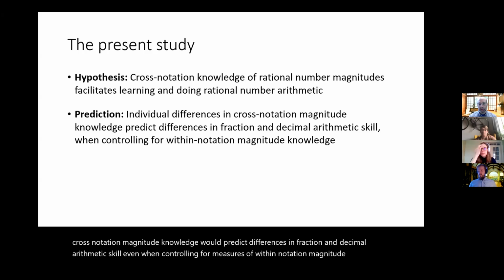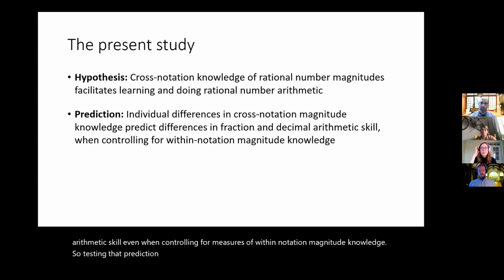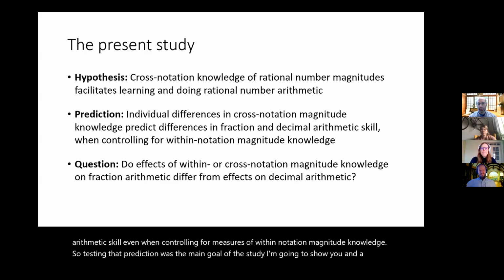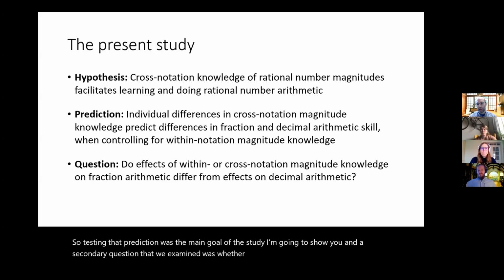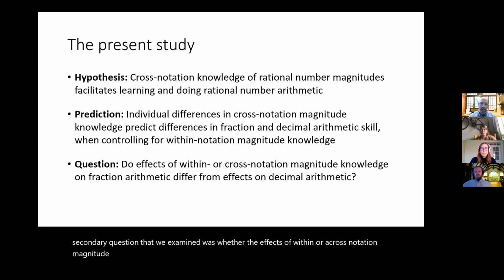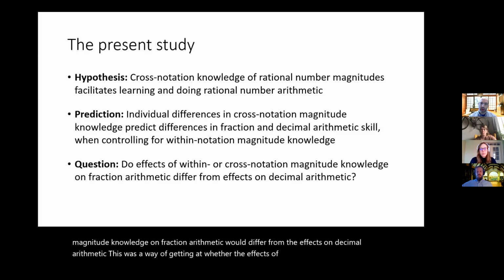So testing that prediction was the main goal of the study I'm going to show you. And a secondary question that we examined was whether the effects of within or cross-notation magnitude knowledge on fraction arithmetic would differ from the effects on decimal arithmetic. This was a way of getting at whether the effects of magnitude knowledge on arithmetic are notation specific or not.